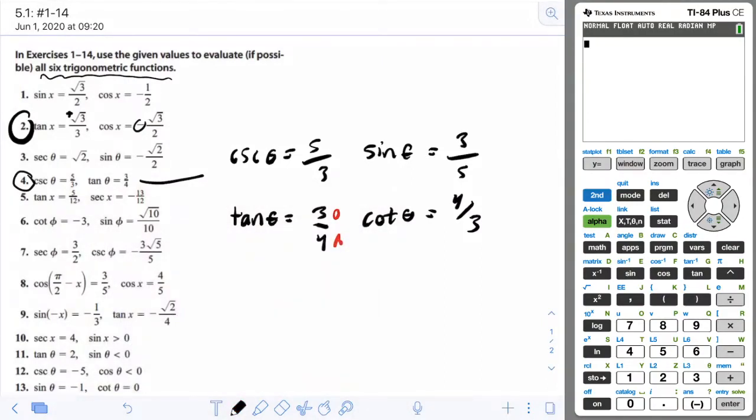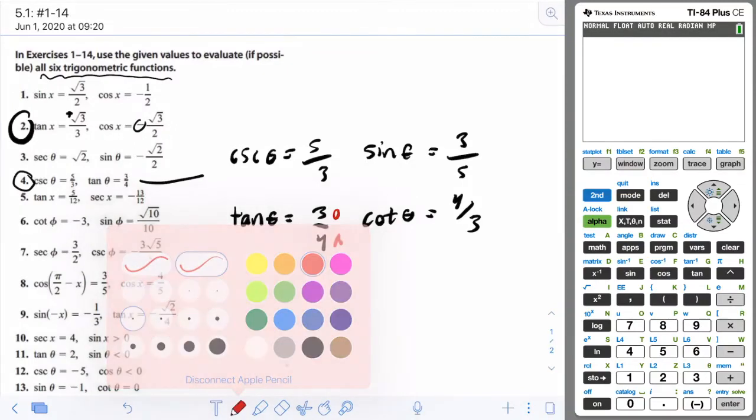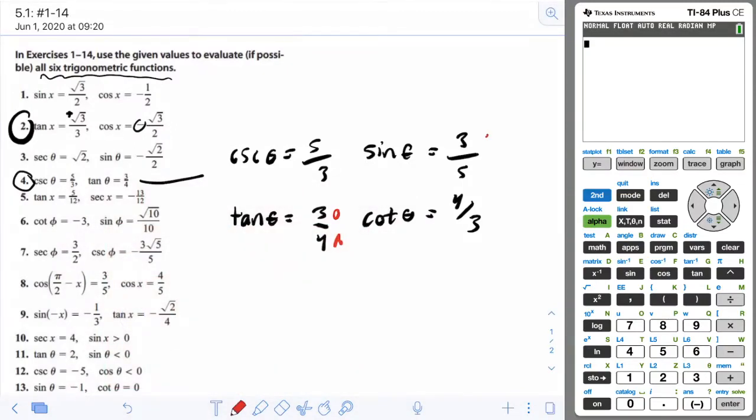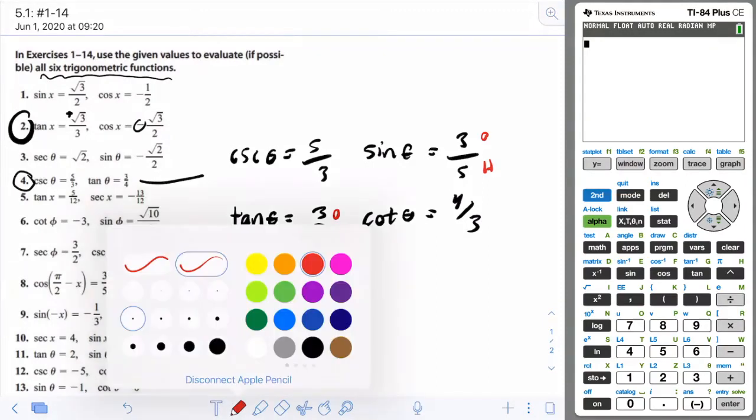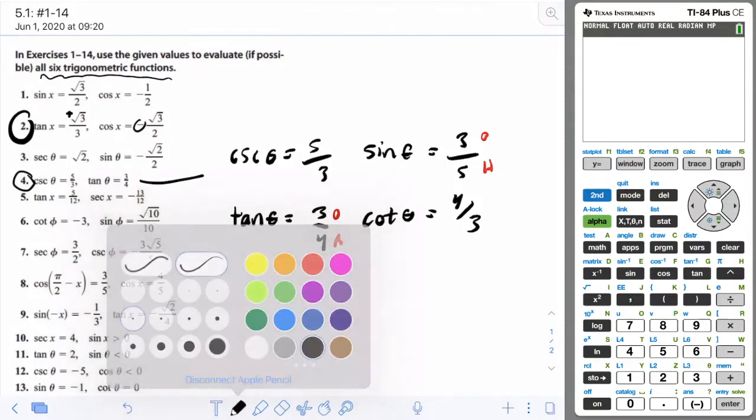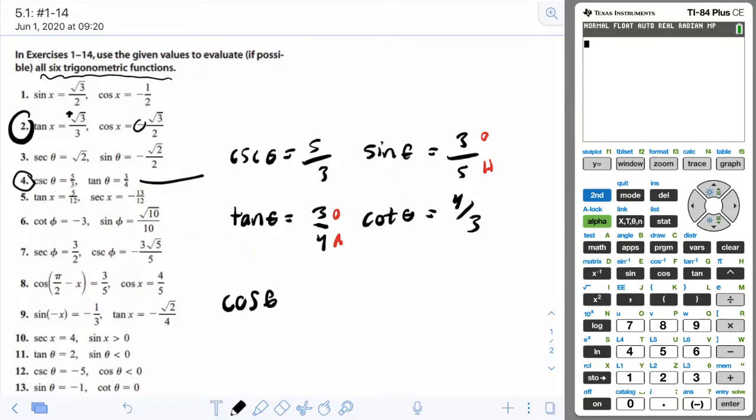Okay, so what you should be able to do is also look at sine, opposite over hypotenuse, which means we should be able to find cosine without even drawing this. Cosine of theta is adjacent, which is 4 from right here, over hypotenuse, which is 5 from our sine over there.